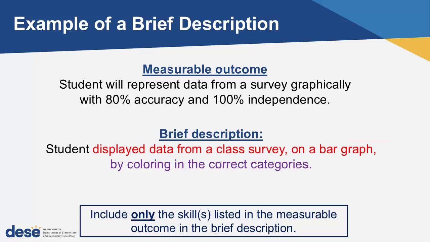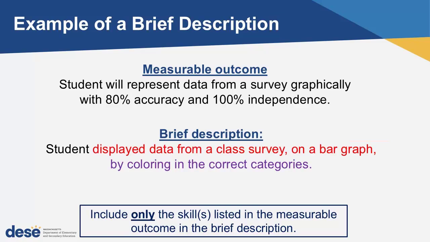So here's an example of a brief description. I'm going to give you the measurable outcome first, and then we'll talk about that brief description. The student will represent data from a survey graphically with 80% accuracy and 100% independence. So as you can see, the actual skill is to represent data from a survey graphically. You teach this activity, you're assessing this activity.